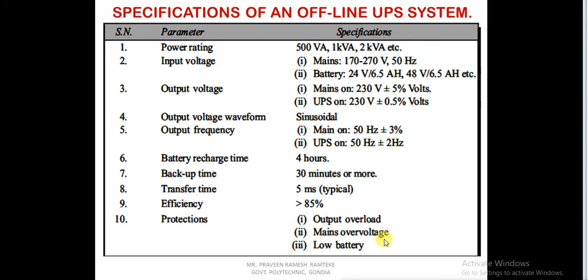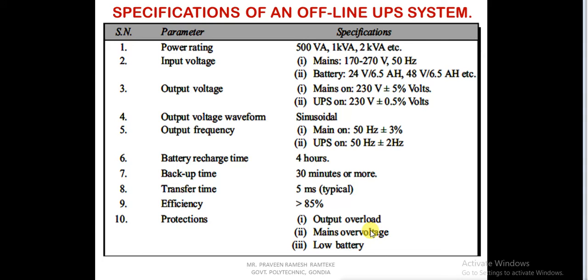It should give signs such as low battery or battery charge. Here there is only overvoltage or overload protection, but no protection against surge, electromagnetic interference or radio frequency interference. We can compare with the online UPS system.